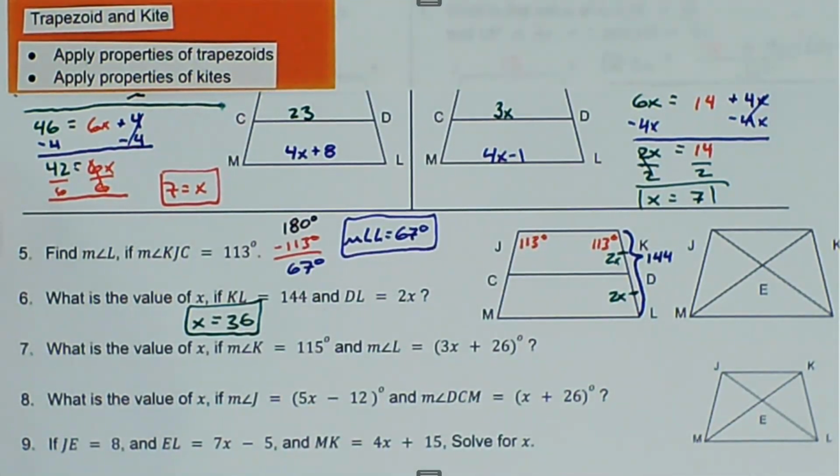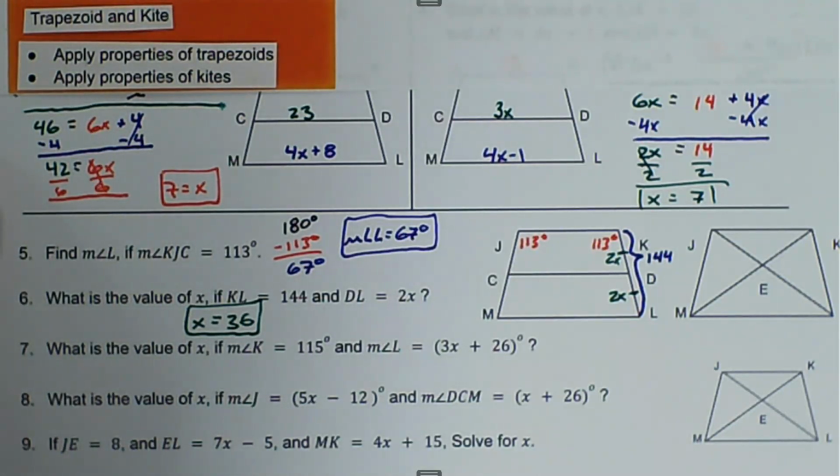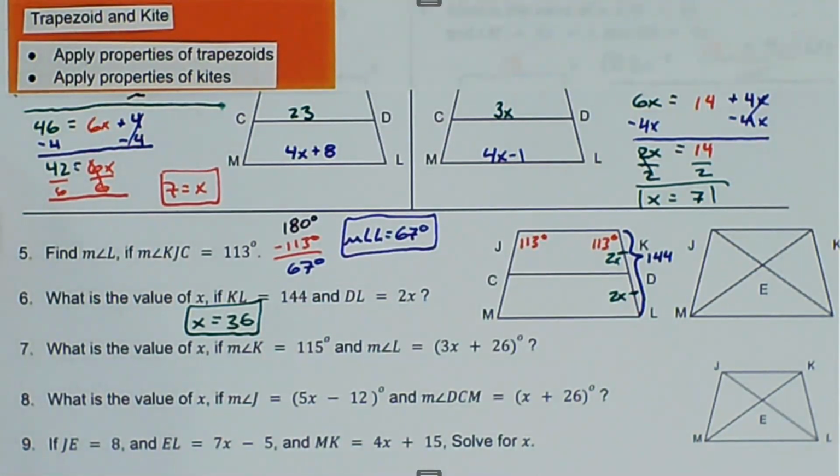Next we have number 7, and it says, what is the value of x if the measure of angle K is 115 degrees and the measure of angle L is 3x plus 26.